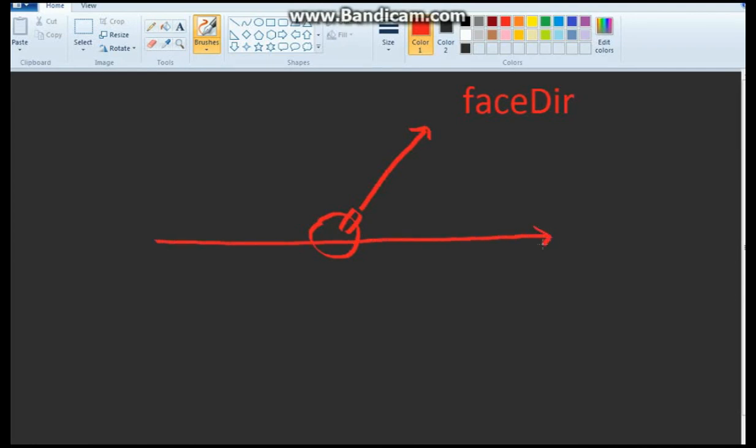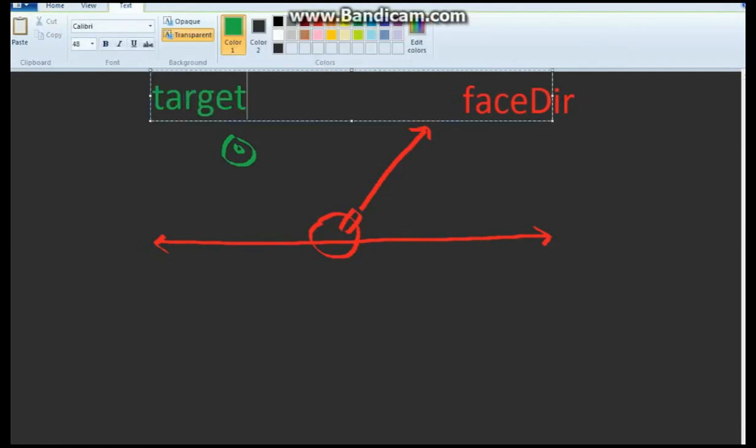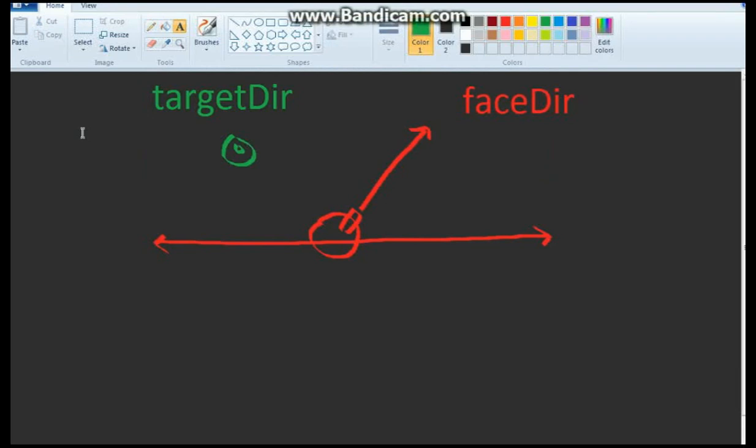It's a little horizontal thing. And then we're going to have our target direction, or where we want to turn towards. This is where we want to go. We want to rotate smoothly towards that target direction.